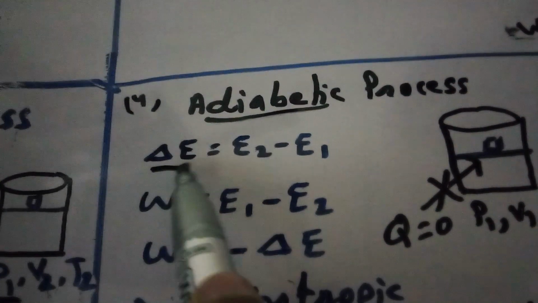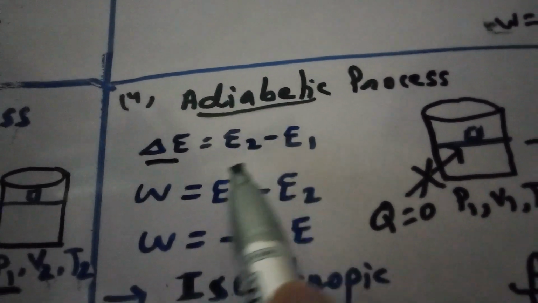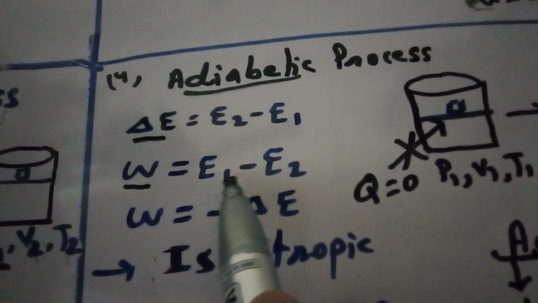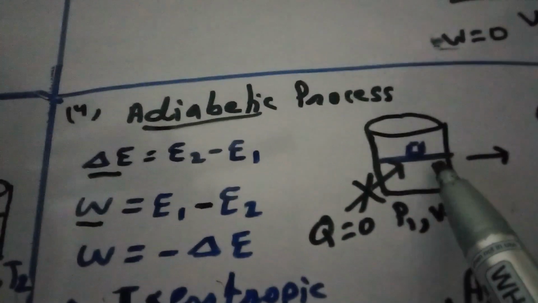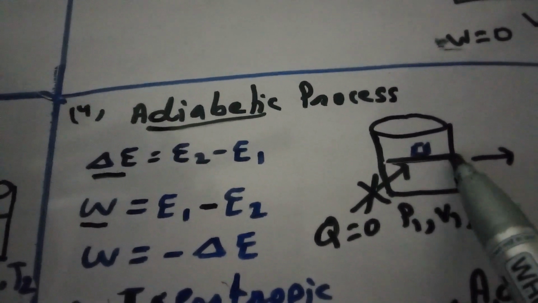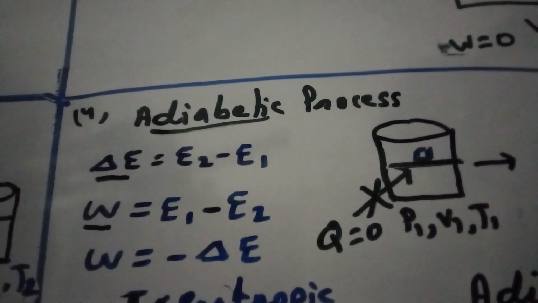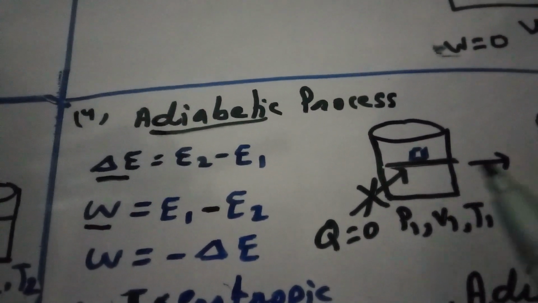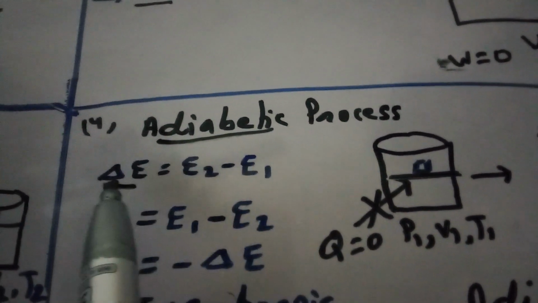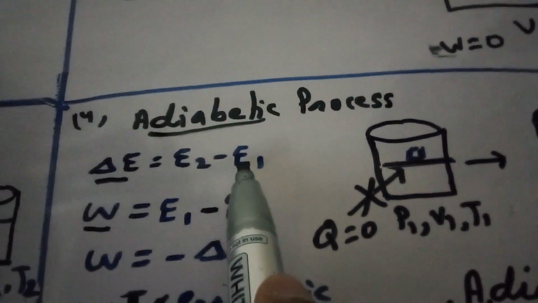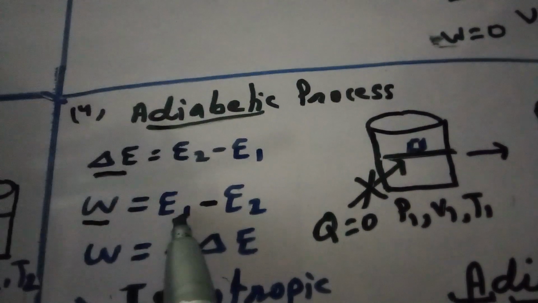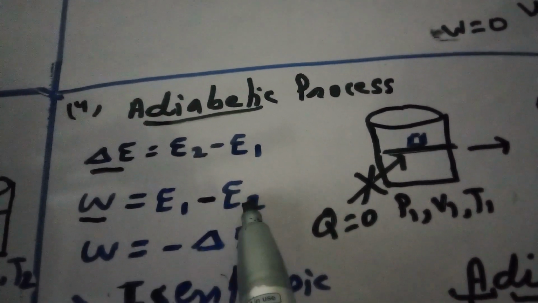Delta E is equal to E2 minus E1. But for the work we write E1 minus E2, because in this system E1 is greater than E2. In the adiabatic process, E1 is greater than E2, so we write E1 minus E2. Generally we write delta E as E2 minus E1, but for the adiabatic process we write E1 minus E2.